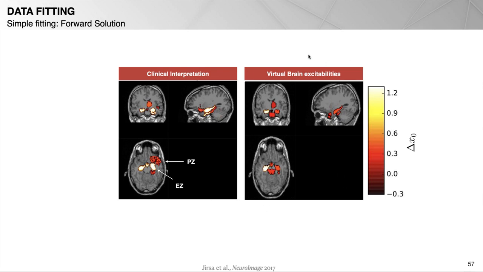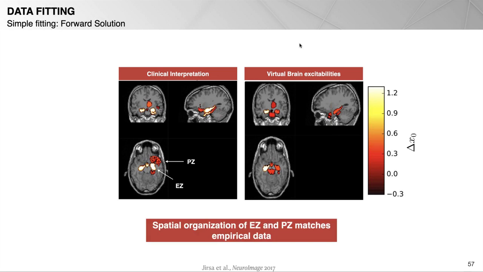And here we have the result of our simulations, and it shows the distribution of excitability as used in our simulations with the parameter set identified previously. And the results are really similar.